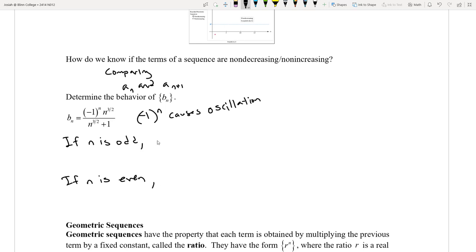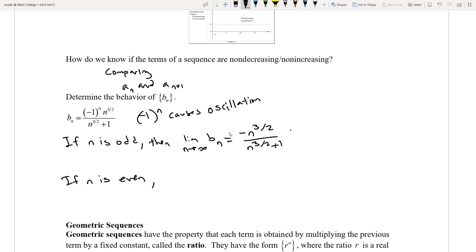So if n is odd, then our limit as n tends to infinity of b sub n is going to have a negative there: negative n to the 3 halves over n to the 3 halves plus 1. And we'll go ahead and use the same strategy.